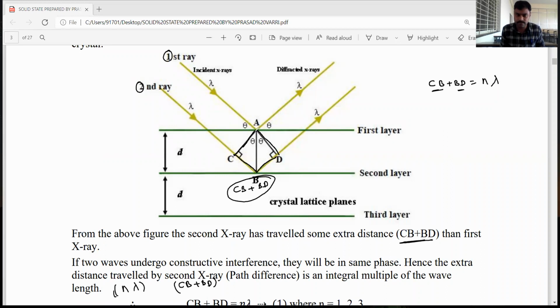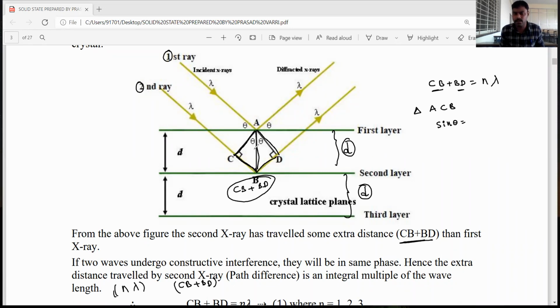From this right-angled triangle, AB is the interplanar distance between the first layer and the second layer, and its value is d. From the first triangle ACB, sine theta equals opposite by hypotenuse.